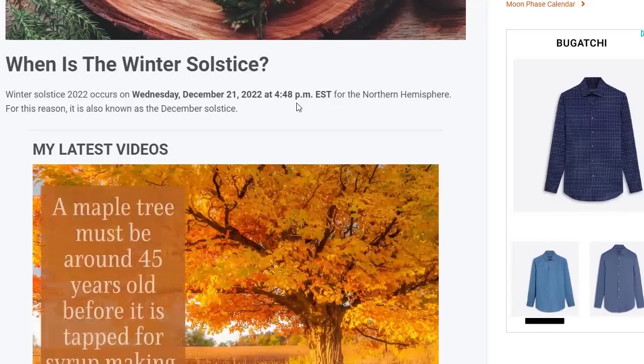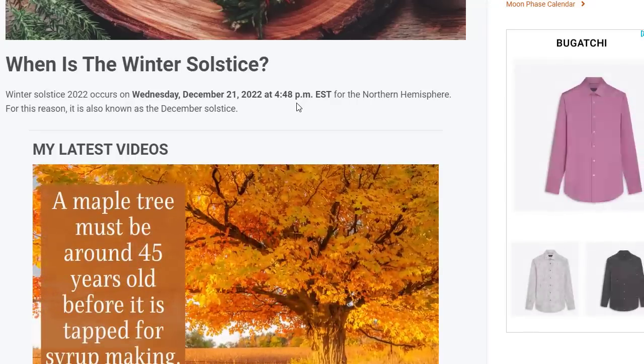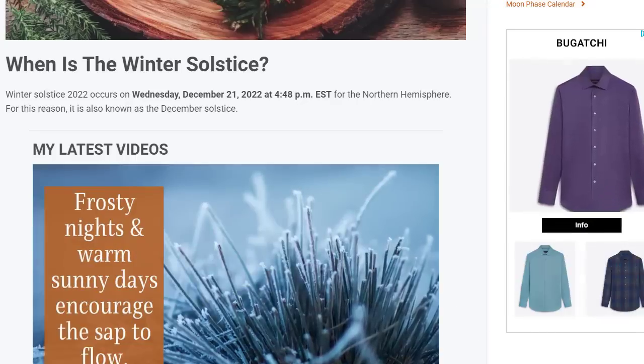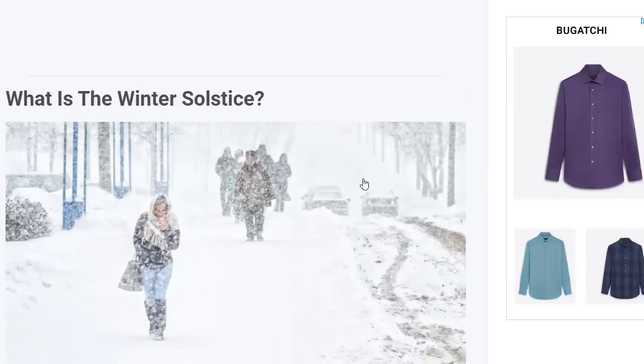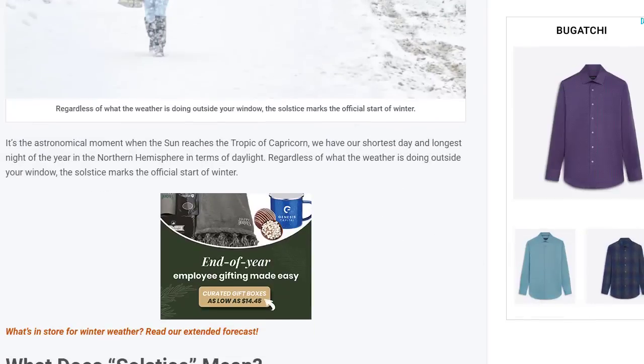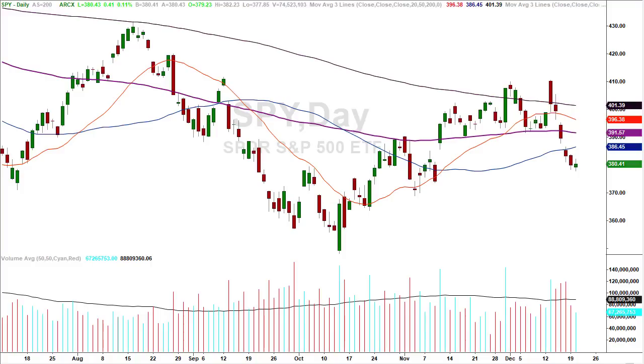But traditionally, we're looking for a shift. We go from the shortest day of the year, which is the winter solstice day, and we start the trek in the other direction. Now, you don't have to believe in this stuff. That's up to you.